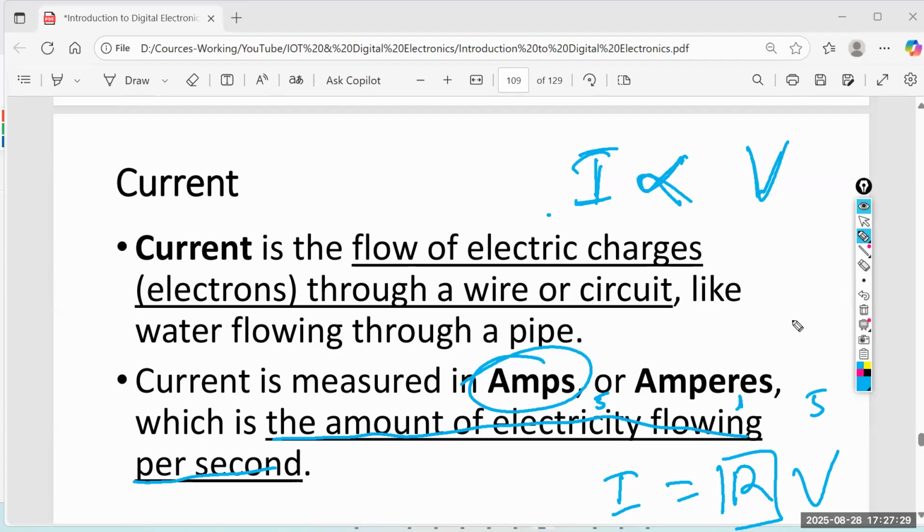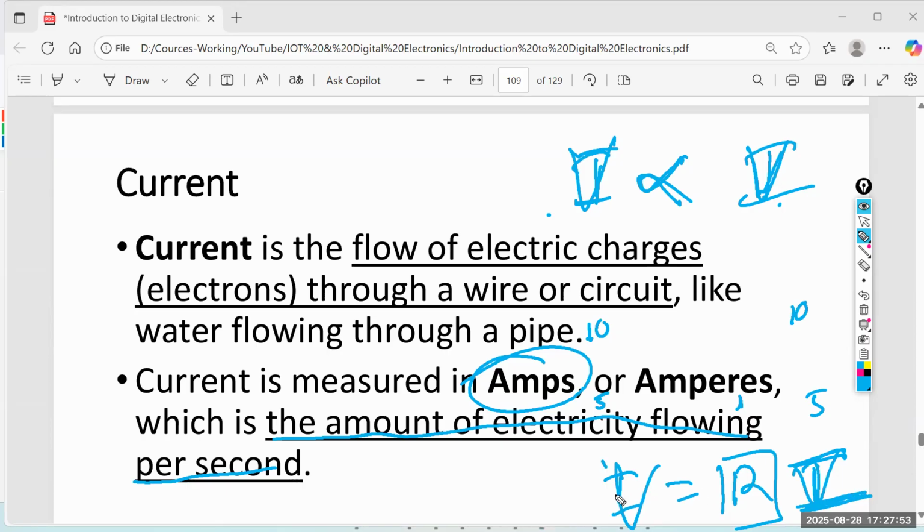When you increase it to 10, now the current is also 10. But if your R is high, so not I equal RV, V equal IR. Sorry, I made a mistake. Say V is proportional to I. So then V equals R times I. Okay, V equals IR.